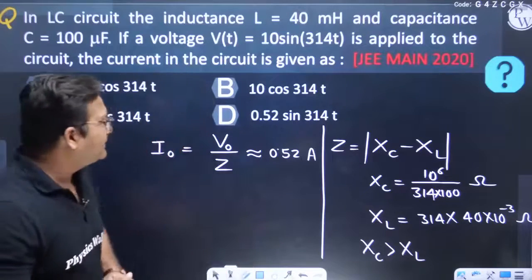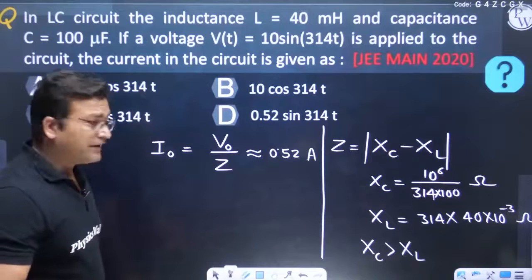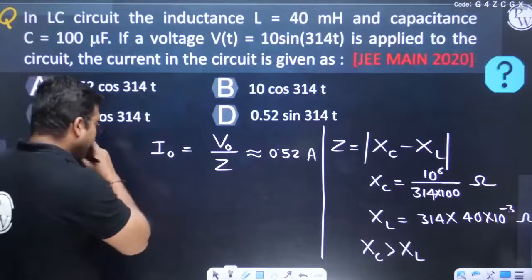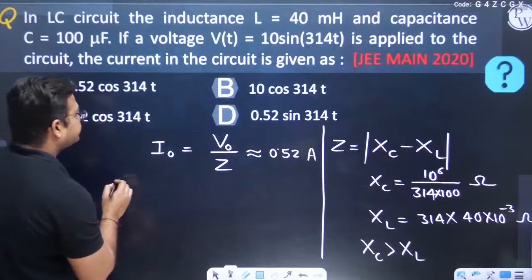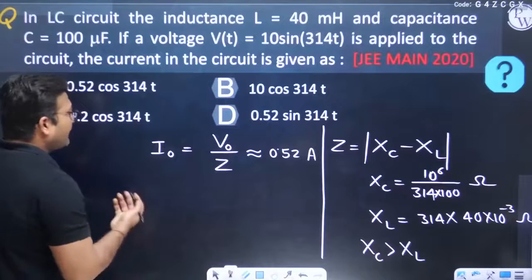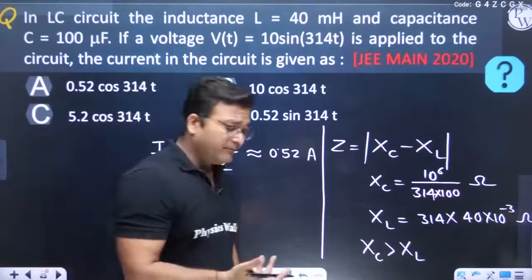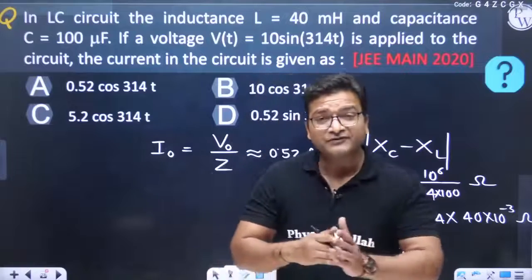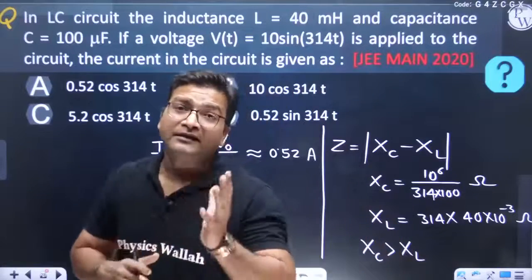The reactance of capacitance is bigger, so this circuit will behave as a capacitive circuit. As we do not have any resistance, the power factor equals 0, which means the phase difference between current and voltage would be 90 degrees.